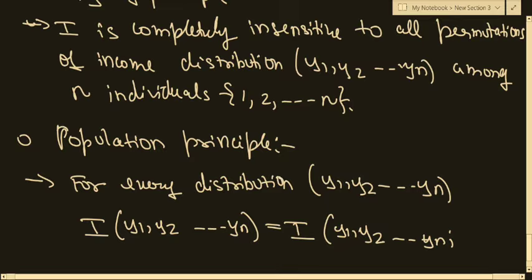If we have a distribution over n individuals and clone it to 2n individuals with the same income pattern, then inequality would not be altered. So we are cloning it again from y1 to yn, and the inequality index value remains the same. It is I only.